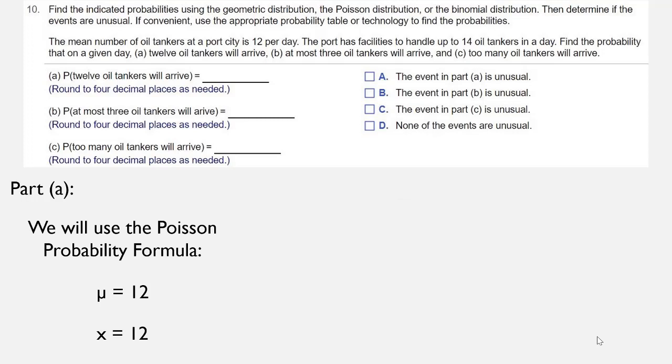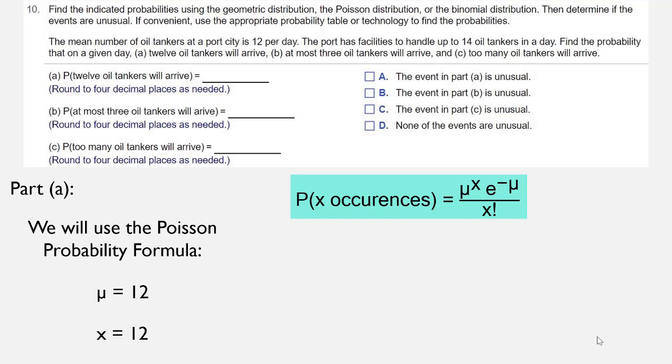We look at our probability formula. The probability of x occurrences is mu to the x, e to the negative mu, over x factorial. And we are going to plug in 12 where we see mu and 12 where we see x. So there are going to be a lot of 12s in this equation.